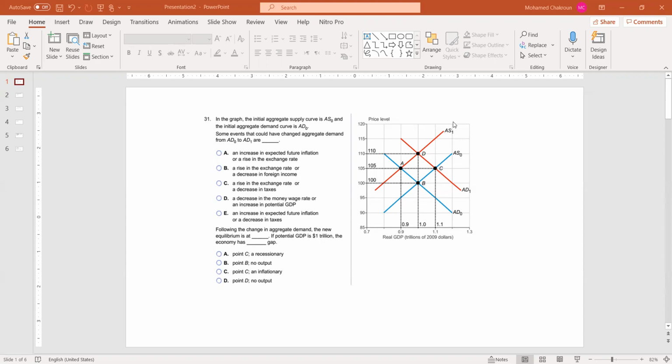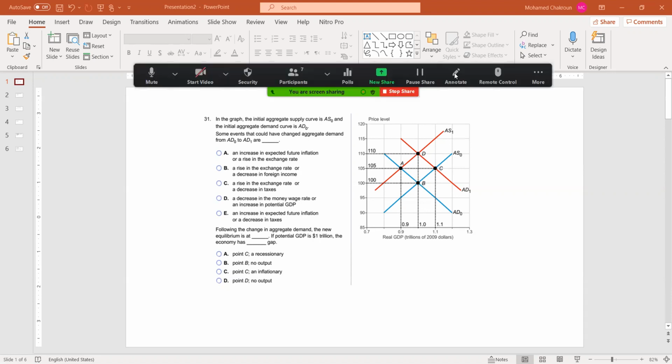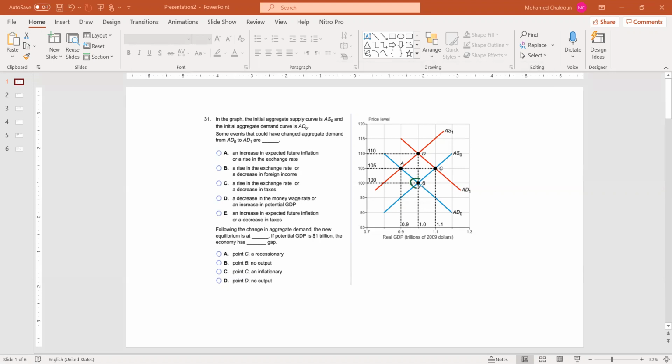First of all, in order to answer this question, we need first to find the initial equilibrium. So the initial equilibrium is at point B. Initially we are here.